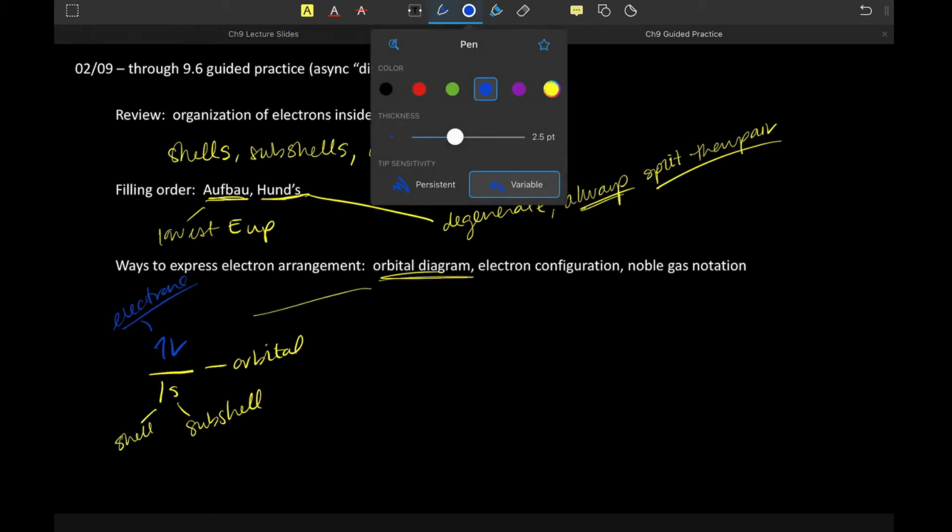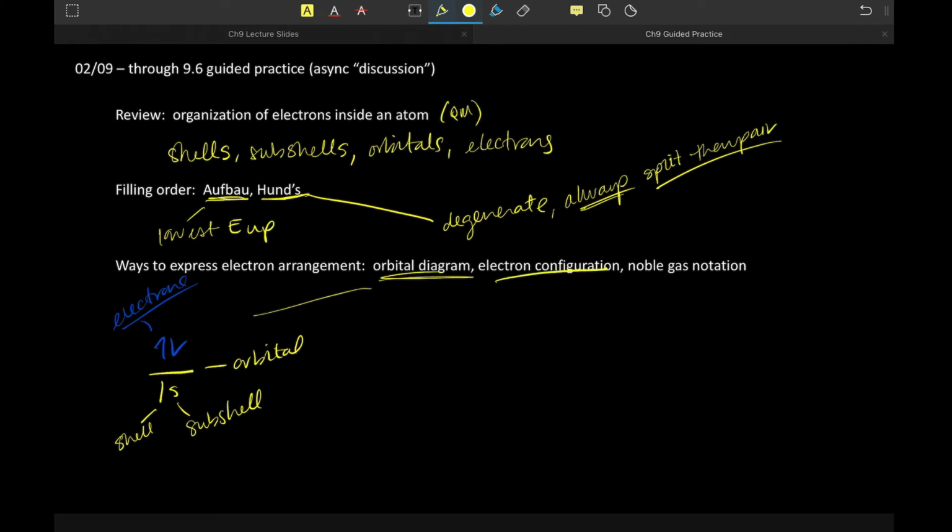Now, we also have our electron configurations, where we would simply say 1s2. Here the 1 is my shell, the s is my subshell, and the superscript is my number of electrons in that subshell. The orbital diagram would be like the full writing, like writing in block letters, every single letter all the time.